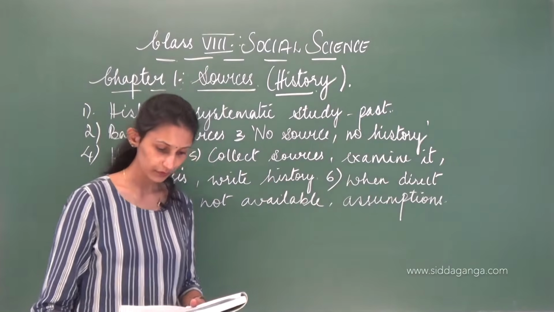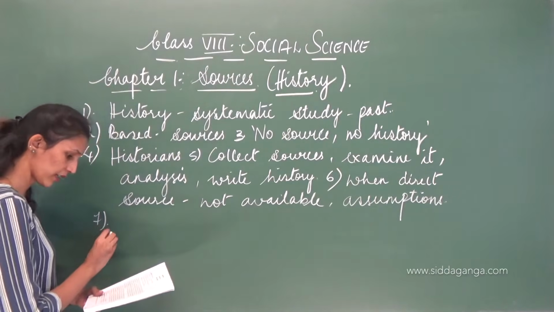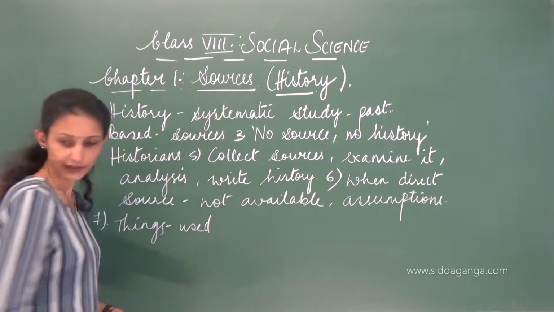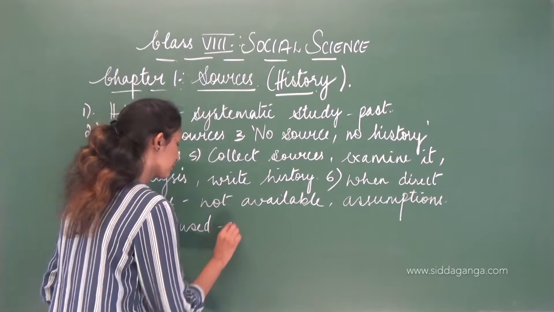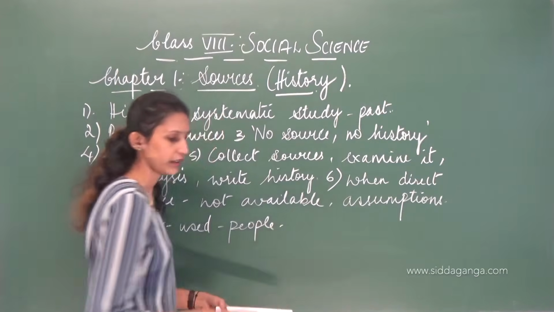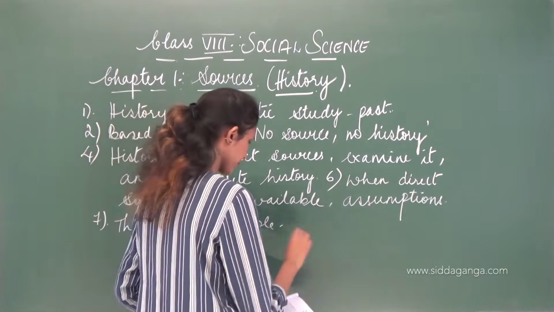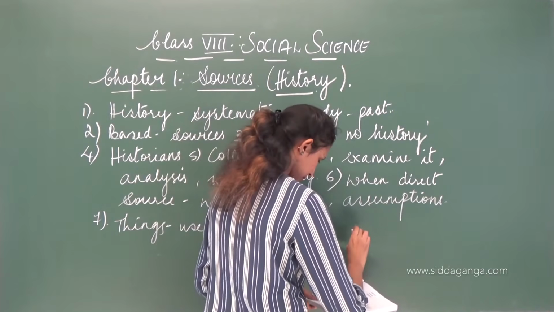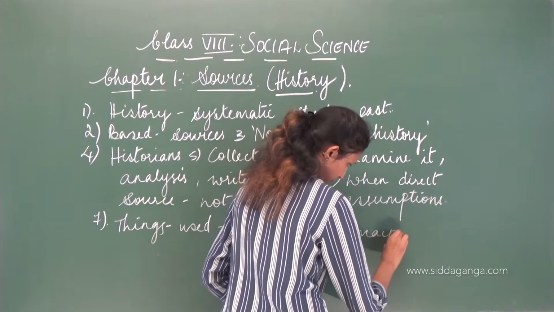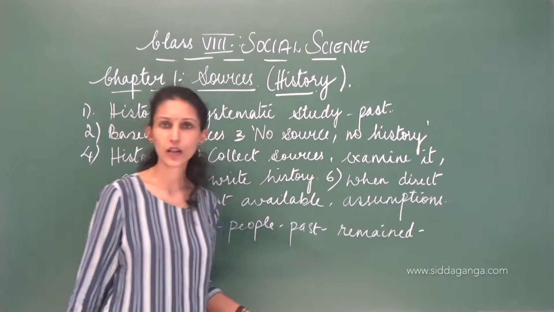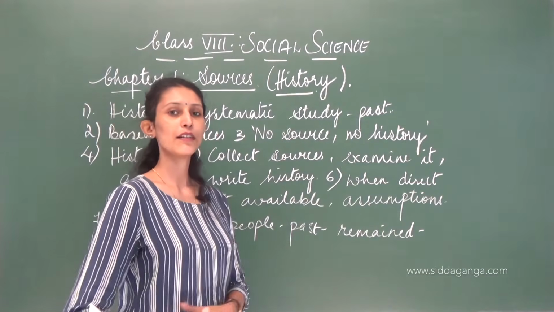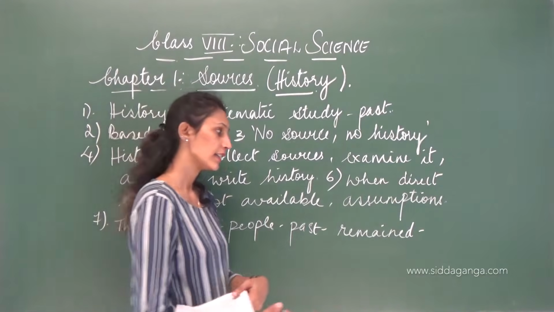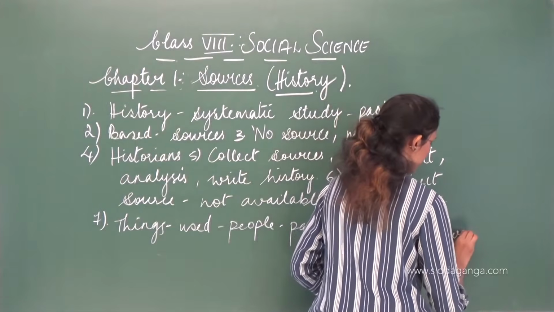Now, whatever has remained, the things used by people in the past, if they have used some vessels, or some weapons, those things that have remained, historians consider them to be sources.